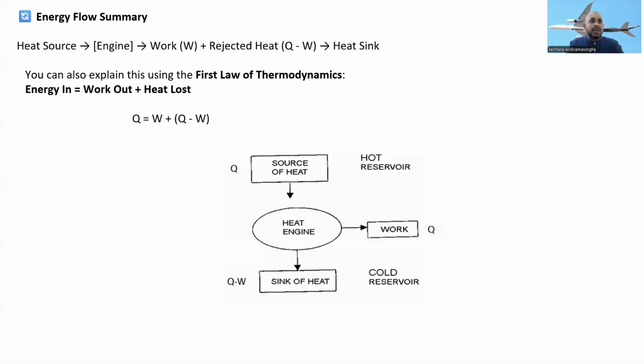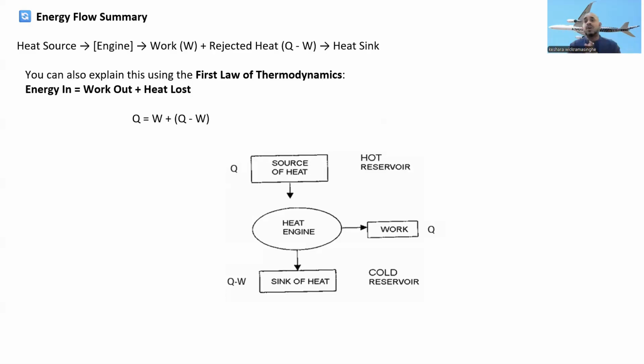Now let's look at the energy flow summary. The heat source goes to the engine, and the engine produces work plus rejected heat, which is sent to the heat sink. That is the normal cycle. You can also explain this using the first law of thermodynamics: energy in equals work out plus heat lost.